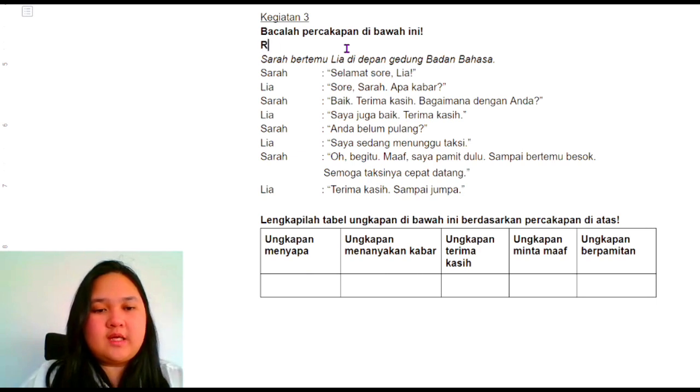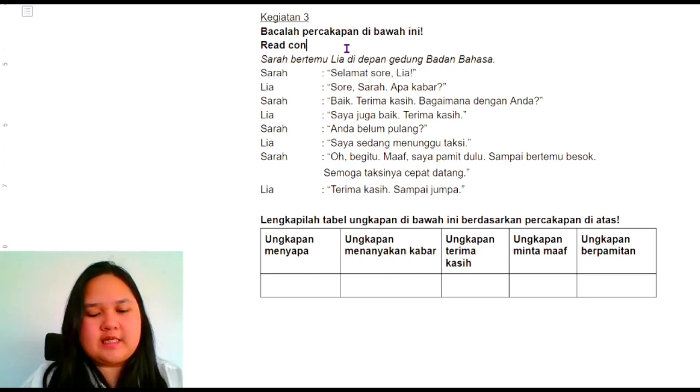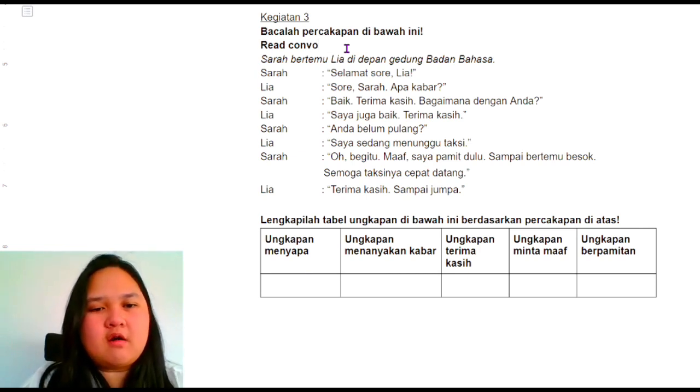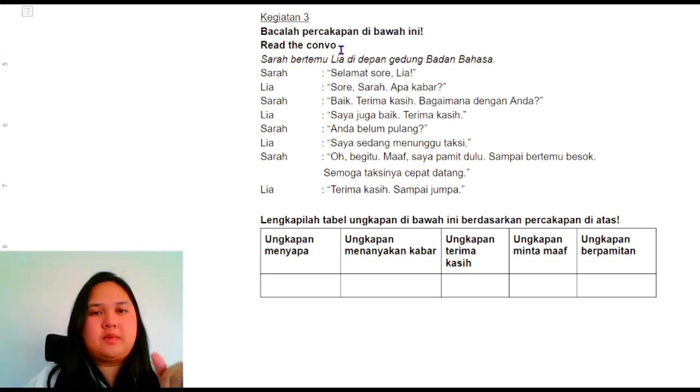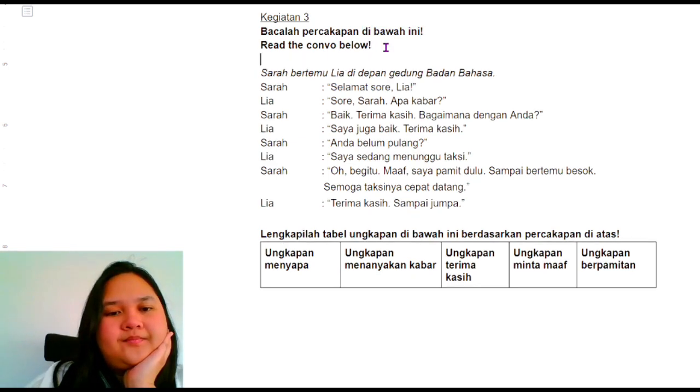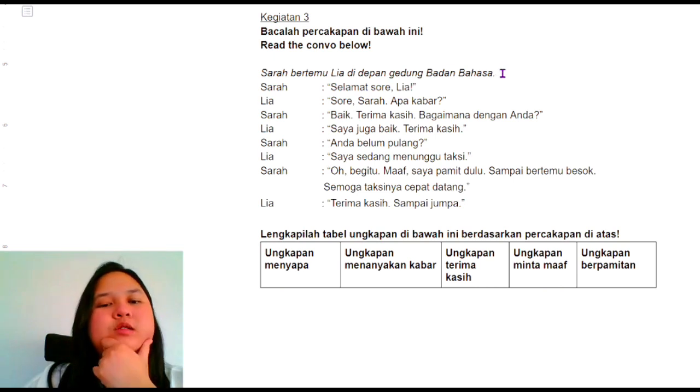So here, read. Percakapan we already know, conversation, I would say convo. Read the conversation below. Di bawah ini means under or below. So below. Here, sentence.